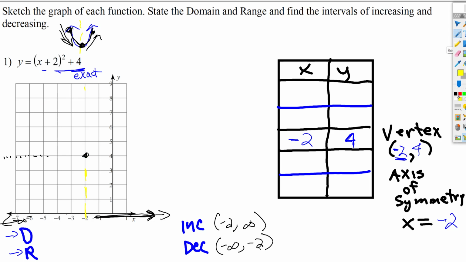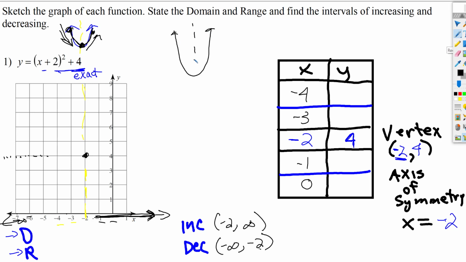And we still have our axis of symmetry. All right, now you're just going to pick two values to the left. So if this is negative 2, two values to the left is negative 3, negative 4. Two values to the right, negative 1 and 0. And remember what we learned last year about a parabola.